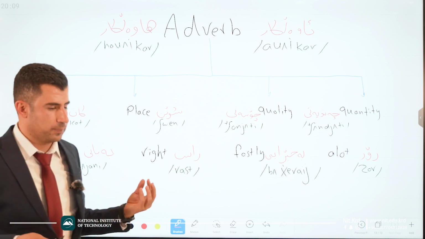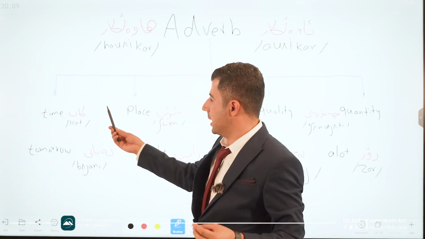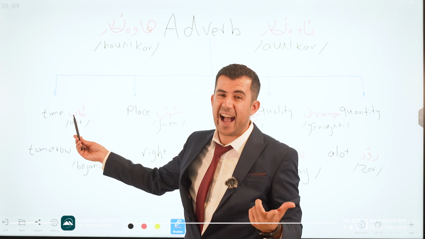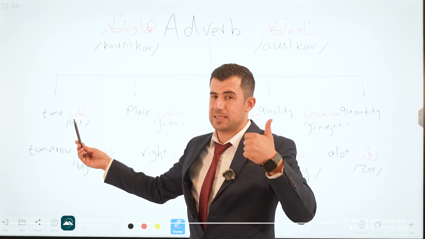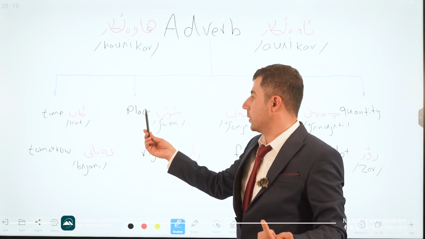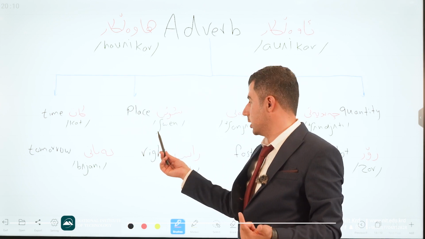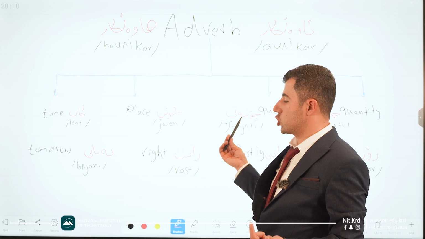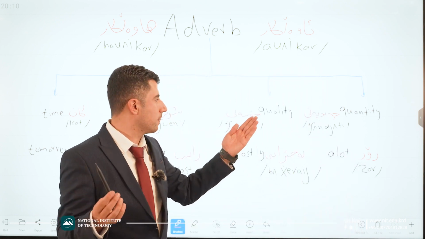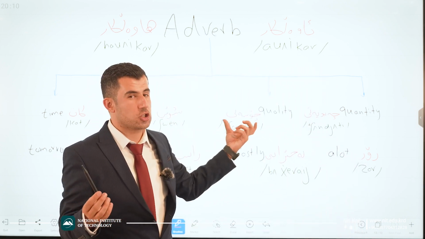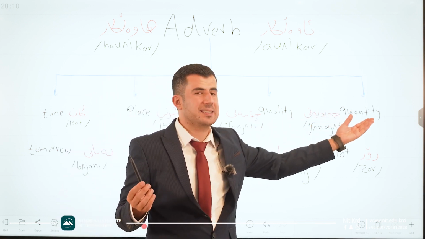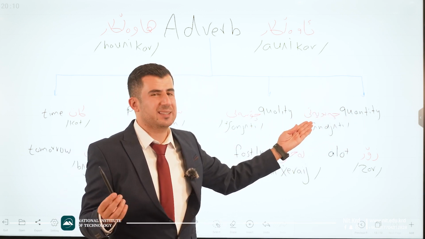Adverbs of time. When we talk about adverbs of time, we say cat. Time is equal to cat. We have place. In Kurdish we say shwen. Toneti, it means quality, and quantity is chandiyeti.